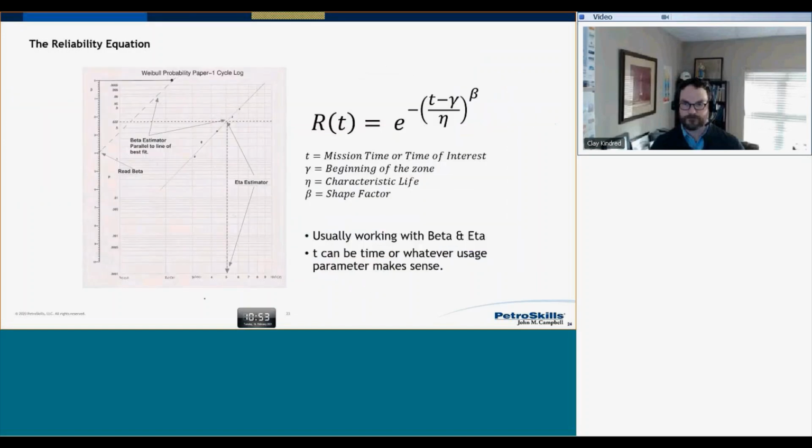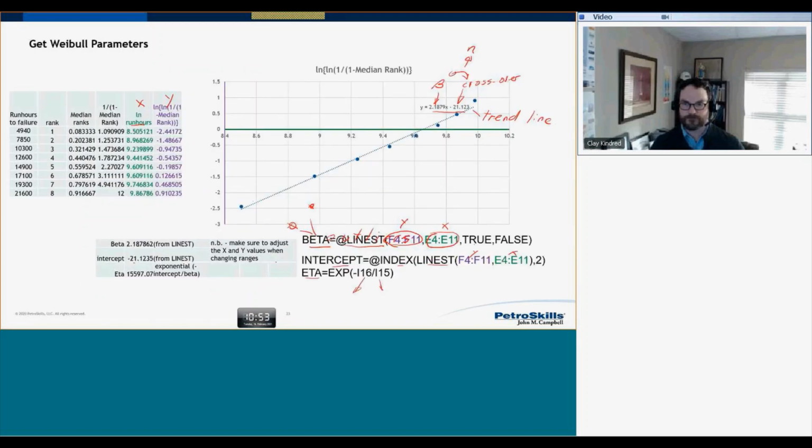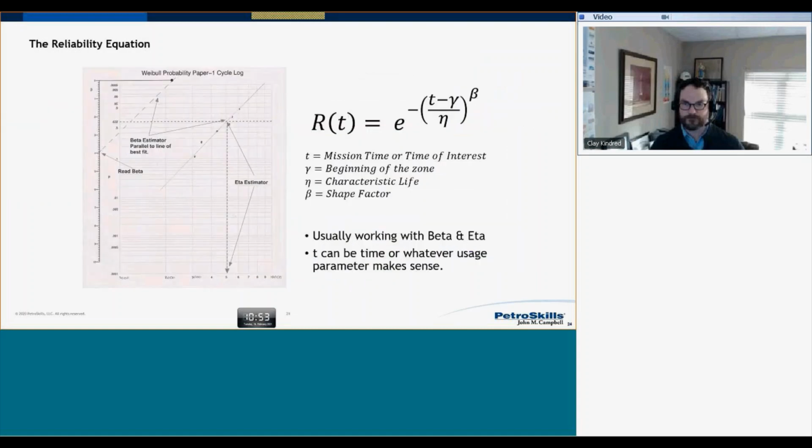Okay, so what does it mean? If I go back to this a moment, it means by having just a few points of data, I've calculated what my actual beta value is. That's helping me decide on my maintenance strategy. I've also got some other values here, and that means I can calculate what my reliability is going to be for a particular mission time.